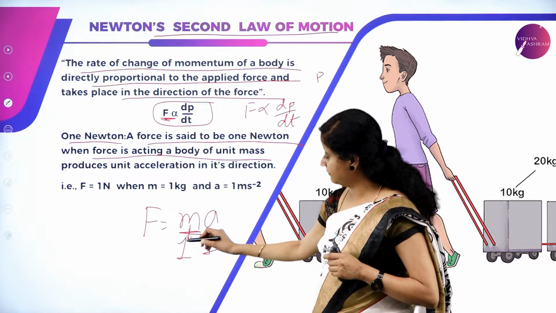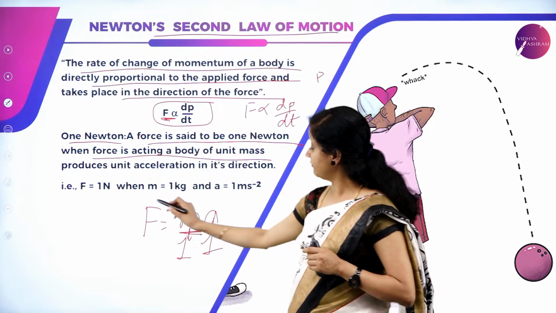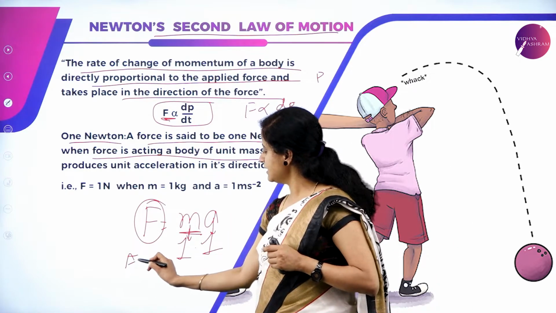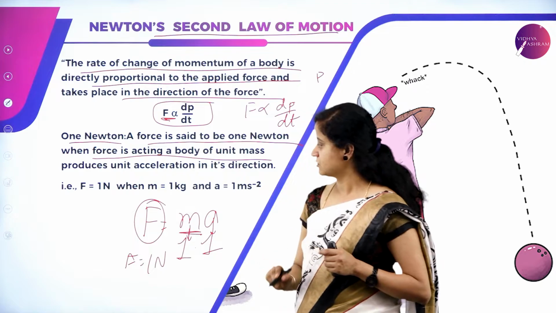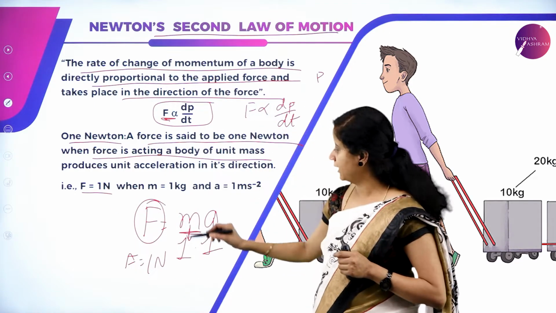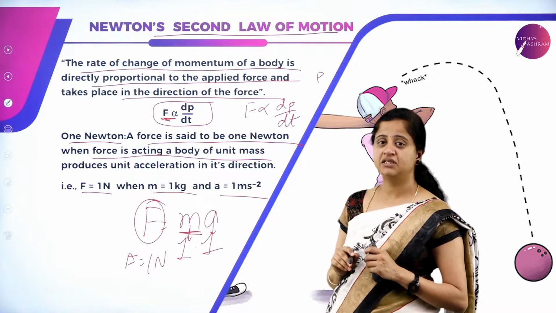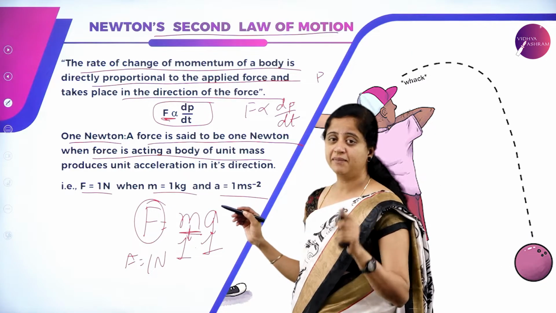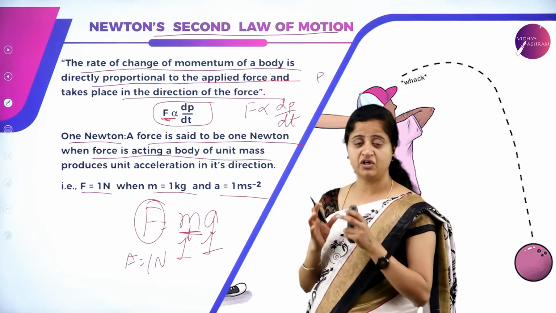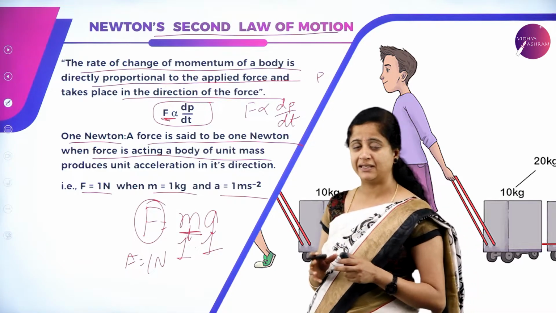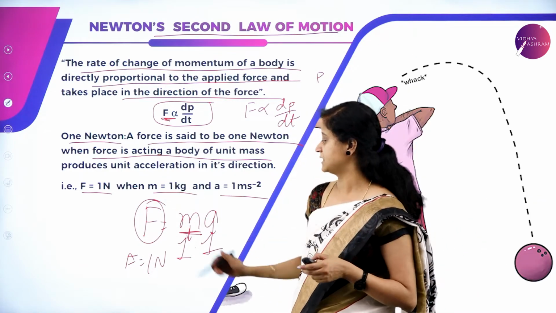When the value of m is 1 and a is 1, we can say the force is 1 Newton. So F is equal to 1 N when mass is 1 kg and acceleration is 1 meter per second square. So when the mass and acceleration of an object are unit quantities, we can say that the force is 1 Newton.